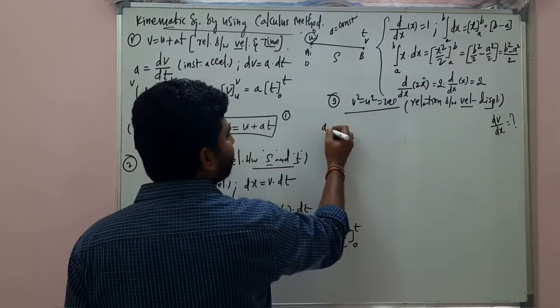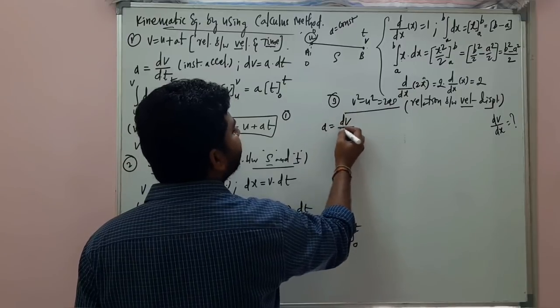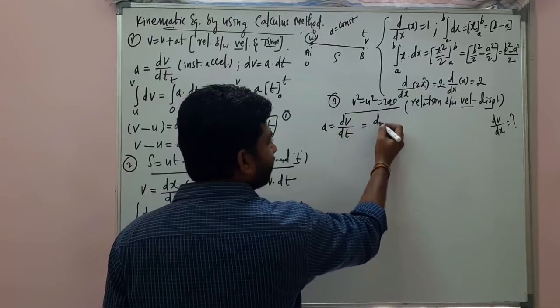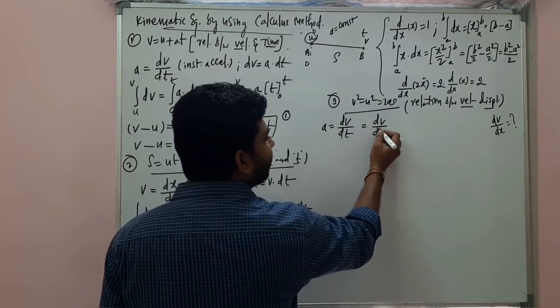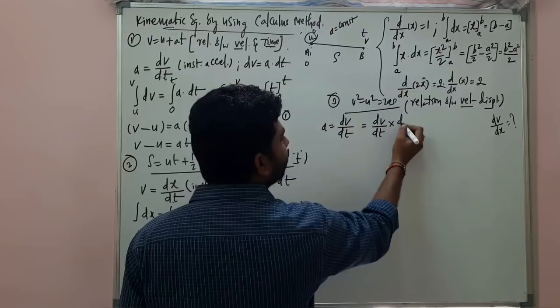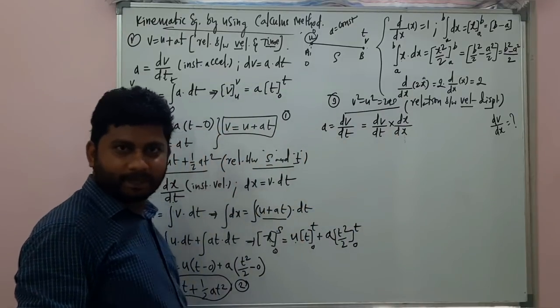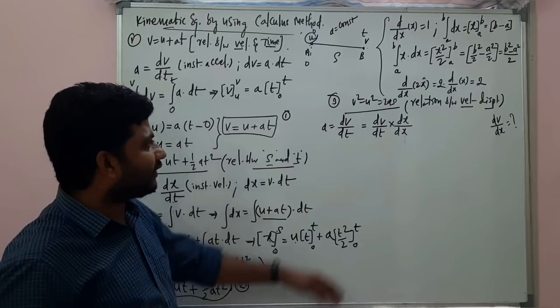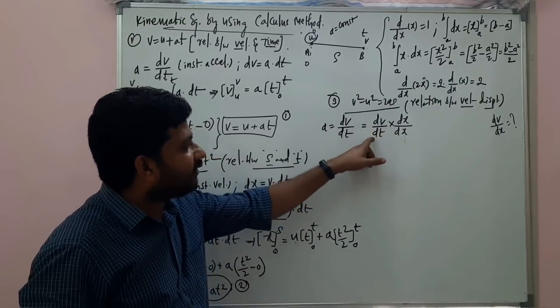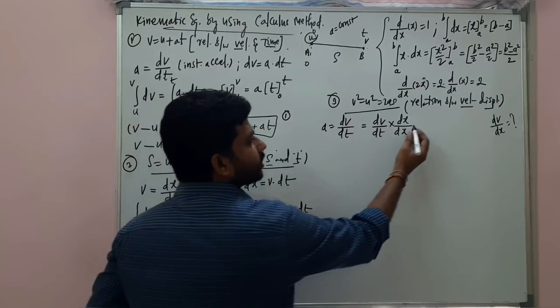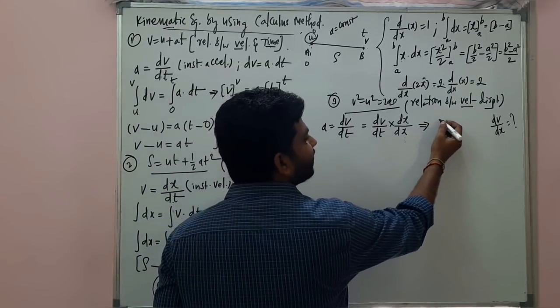We know the acceleration is equal to dv by dt. This I can write as dv by dt into dx by dx. There is no change in the final equation, right? dx cancels and you get dv by dt only, which is acceleration. So this equation I can also write in this way.